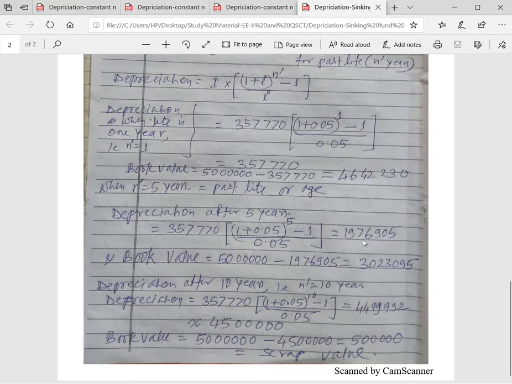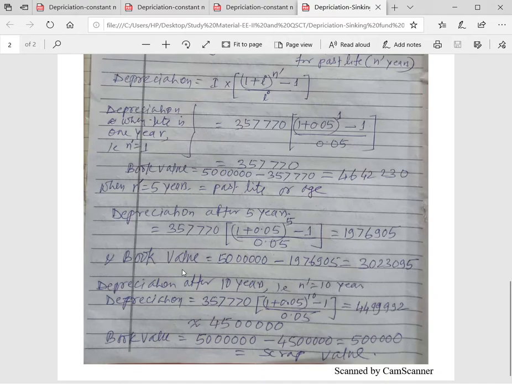So this is 19,76,905, the depreciation amount up to 5 years, when the life is completed by 5 years, and the book value can be obtained by subtracting from the original cost, that is 50 lakh minus 19,76,905. So that is equal to 30 lakh 23,095. So this is the book value after 5 years.